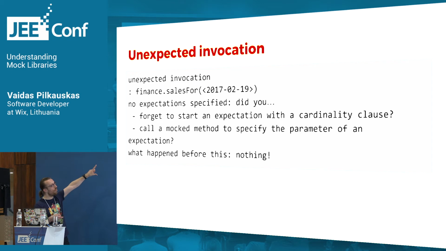So the output now is different from Mockito because it tells you what exactly happened. It says what was expected, that it didn't expect anything, but something happened. And this is a good output because you now know what's going on. For example, maybe you made a mistake in specifying the mock.